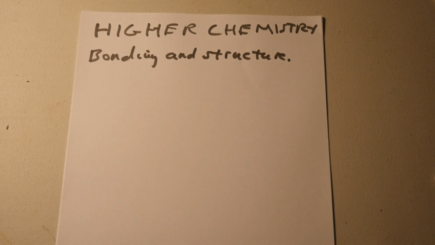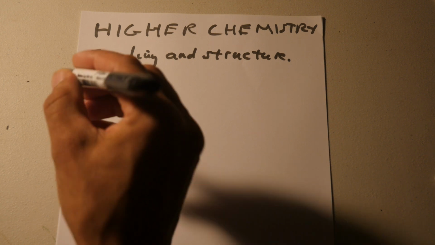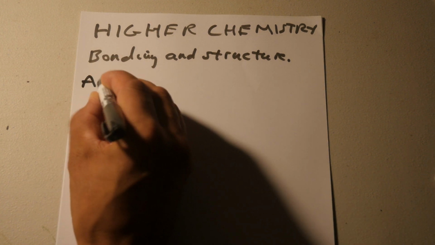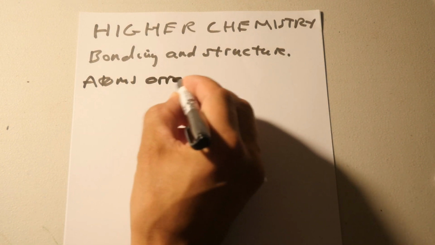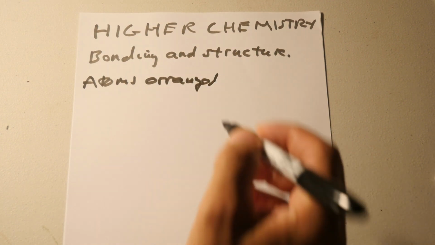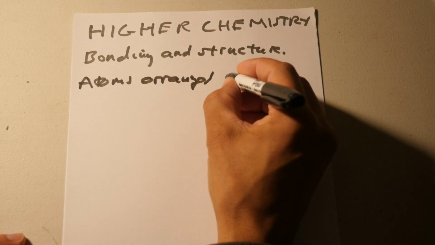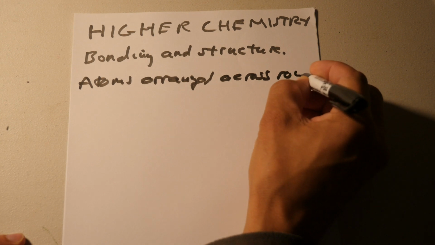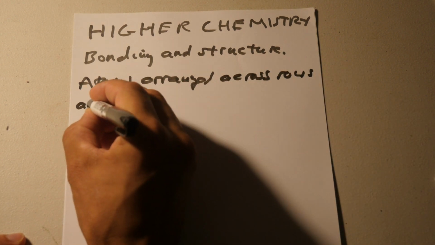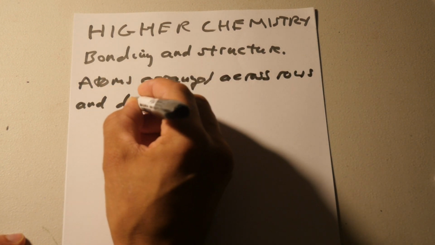So the bonding and structure. The atoms are arranged across rows and down groups, okay?